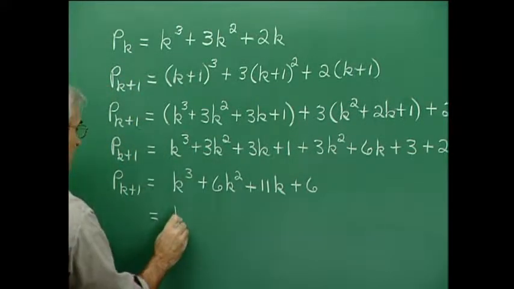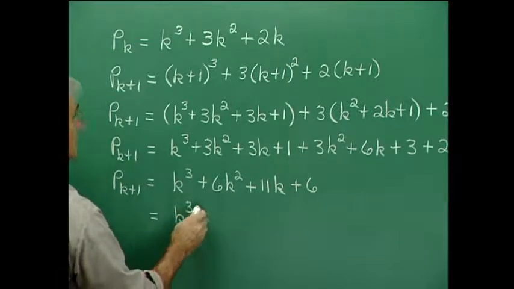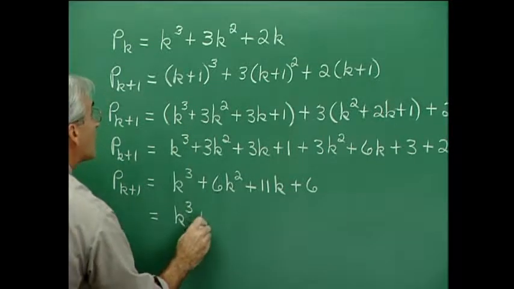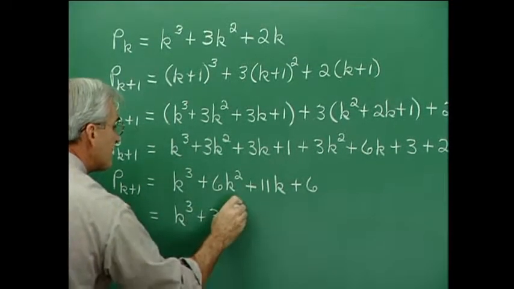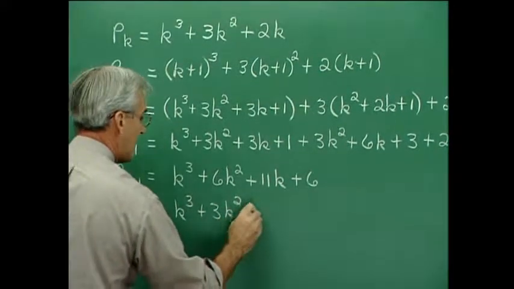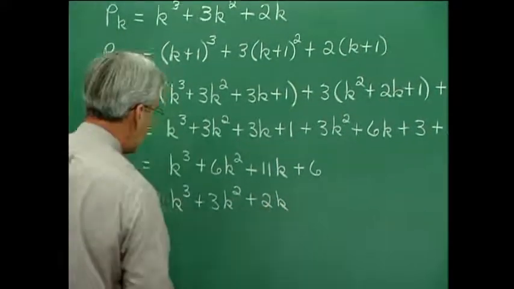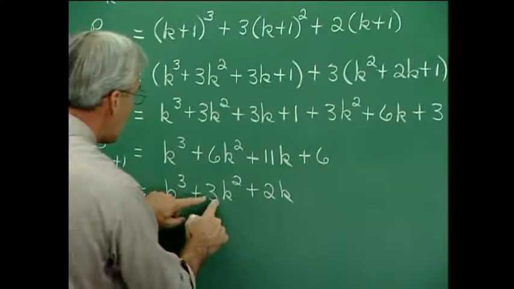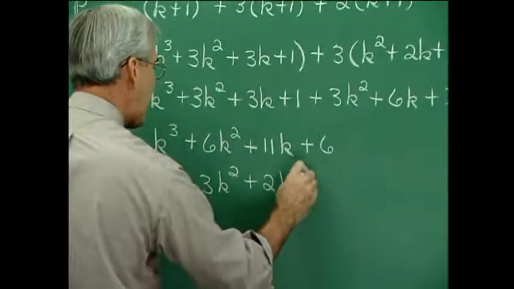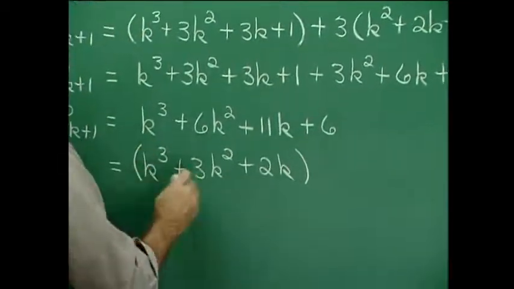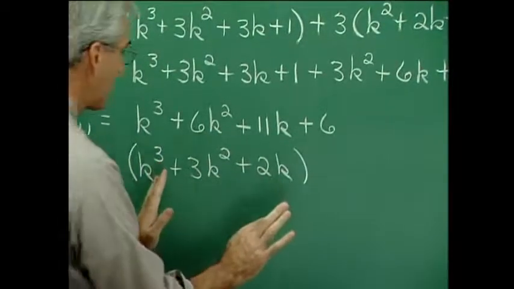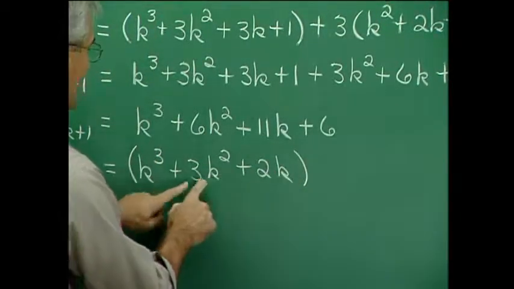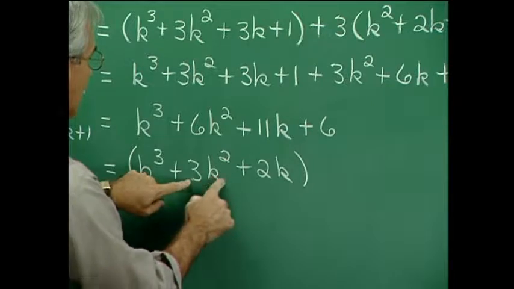I'm going to write k cubed plus, I'm just copying that down, k cubed plus 3k squared plus 2k. Now what's left over? Well, I've already written the k cubed. 3k squared, what's after that? And I'm going to put this in parentheses just for emphasis here. I really don't have to do this, but just for emphasis I'm doing this. All right, I'm pulling 3k squared out of here.